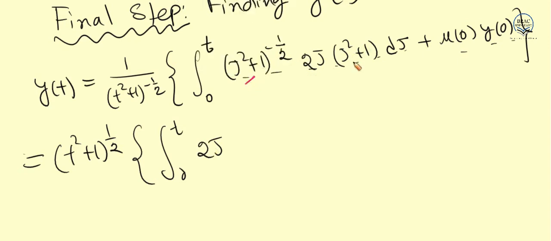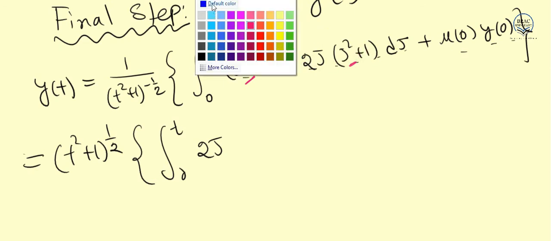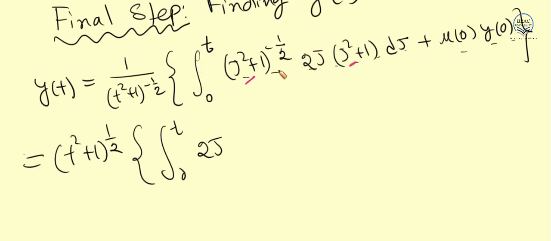This guy and this guy will get multiplied with each other and the things will simplify. So the simplified thing is just square root of tau square plus 1, and finally we have our measure plus mu of 0, which was 1, right? And y of 0 was 2/3.